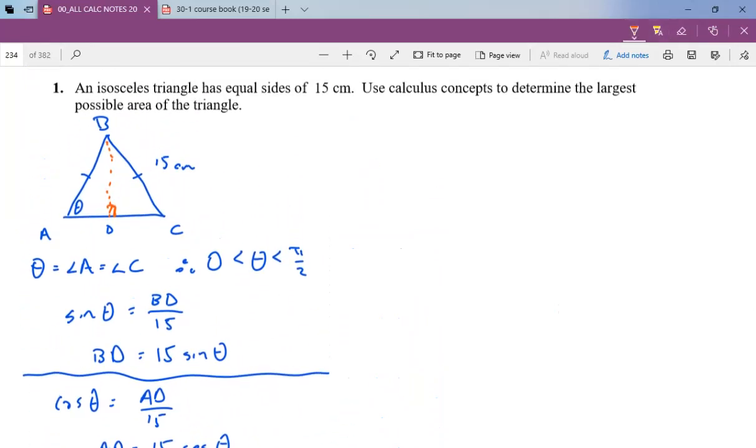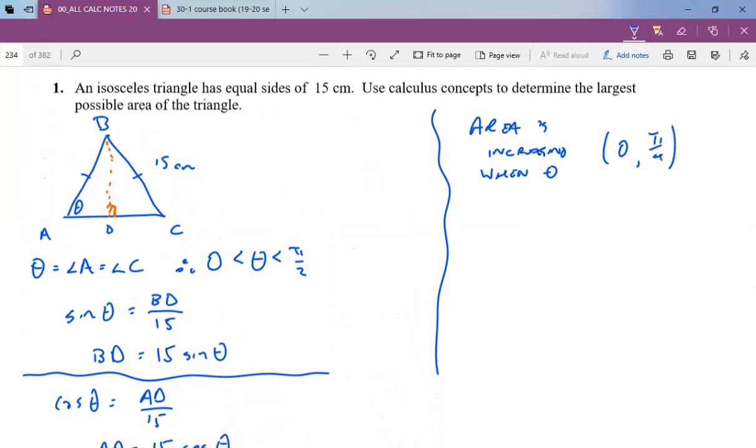We can state that area is increasing when theta is between 0 and pi quarters, decreasing after that, therefore theta equal to pi quarters gives the maximum area.